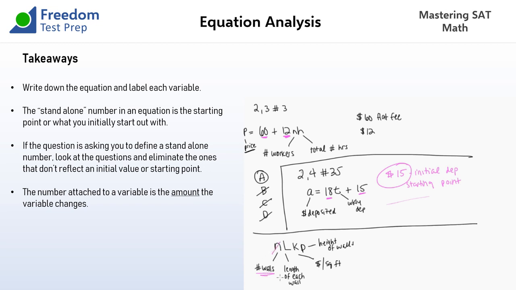That's not going to change. The length of each wall, also, that's a constant. That's not going to change. And the height of the walls is also a constant. The only one that could change is K. So I've seen this type of question. Again, they always could ask varying questions, and they will vary according to the particular story that they make up in the problem. But if you understand the basic concept, you should be able to get these questions pretty easily.